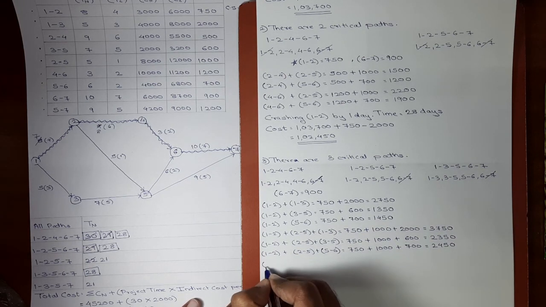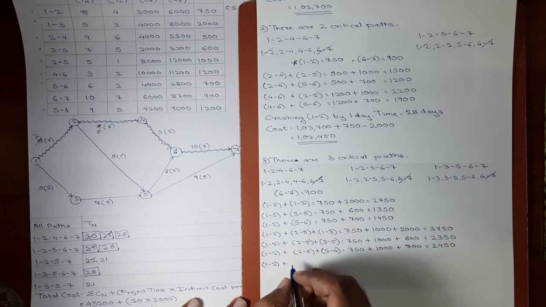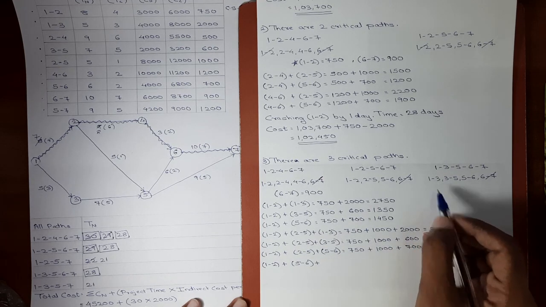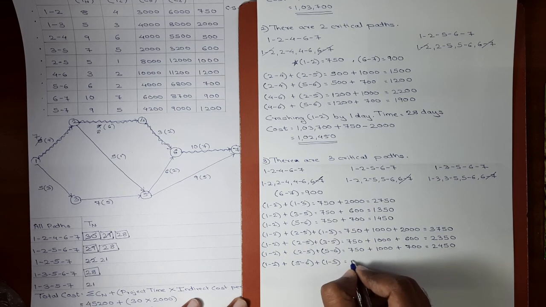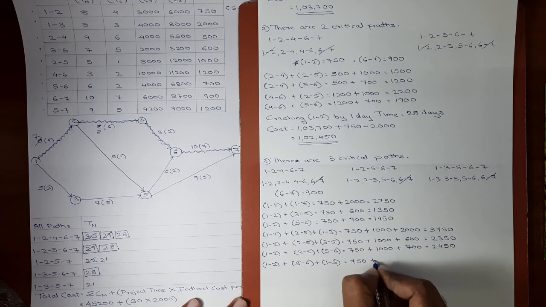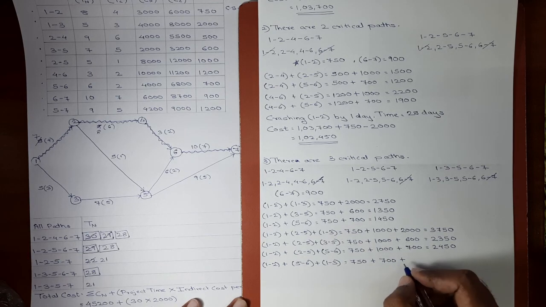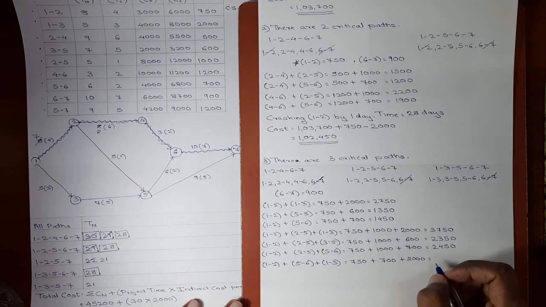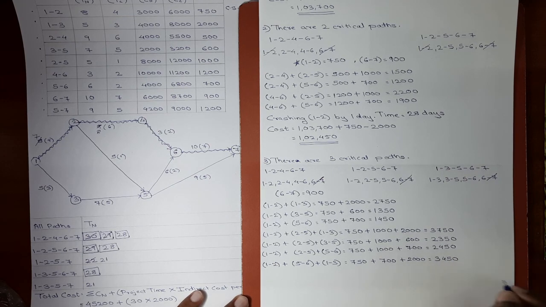Again 1-2 plus 5-6 plus 1-3. The cost slope of 1-2 is 750, cost slope of 5-6 is 700, and cost slope of 1-3 is 2000. 750 plus 700 plus 2000, the combined cost slope is 3450.